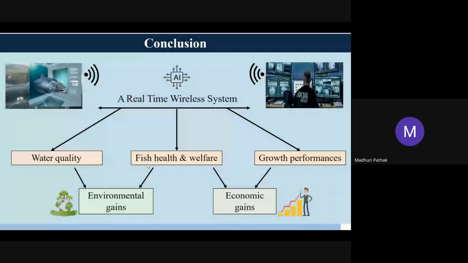Coming to the conclusion, a real-time wireless system will give you data on water quality, fish health and welfare, growth performance, which will ultimately give you environmental gains and economic gains. So, as we said, profitability and sustainability.